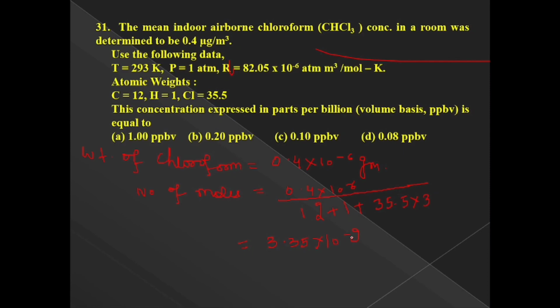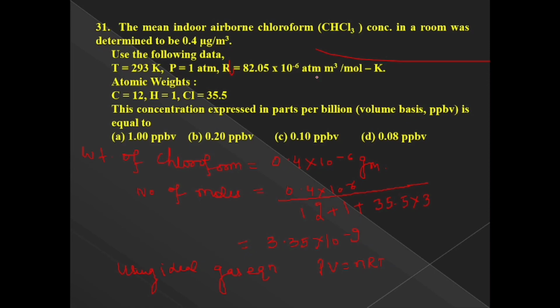Now you can apply the ideal gas equation, that is PV is equal to nRT. So from here we can calculate the volume. P is given as 1, V we have to calculate, n is calculated, R is given, and T is given.